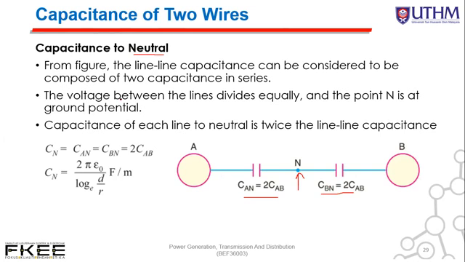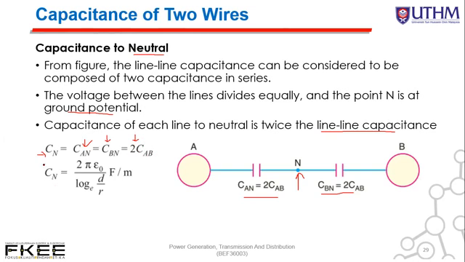The voltage between the lines is divided equally, and the point N is at ground potential. So the capacitance of each line to neutral is twice the line capacitance, CAN equals CBN, equal to 2 CAB.